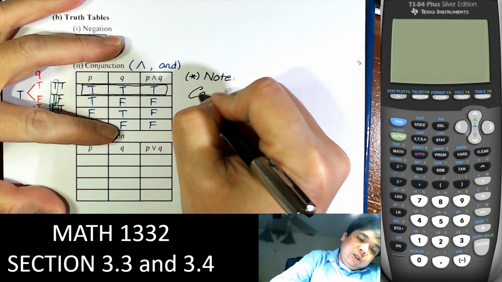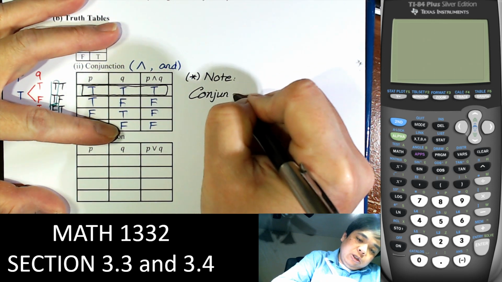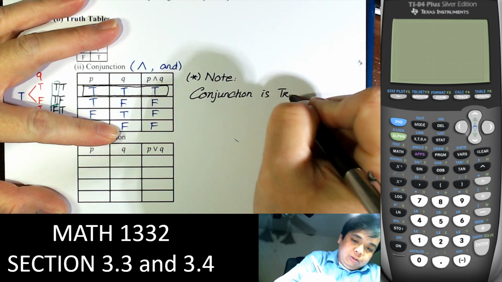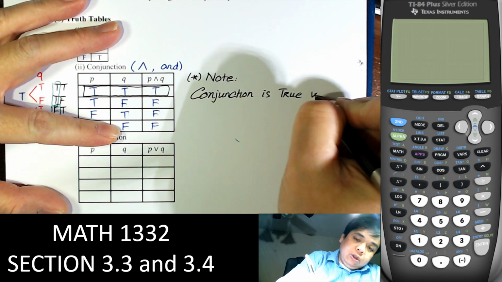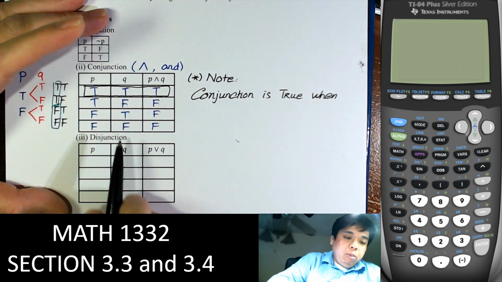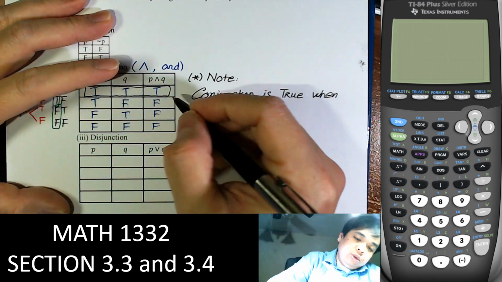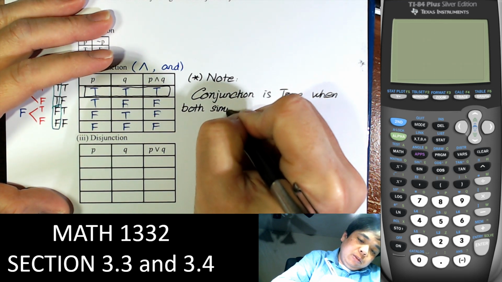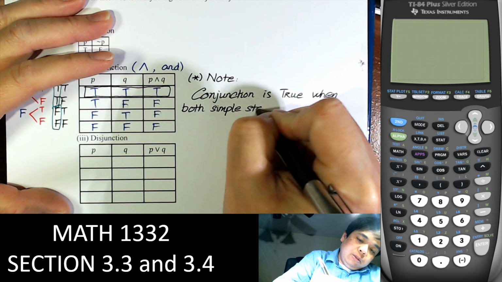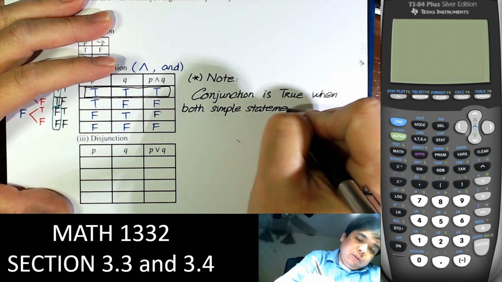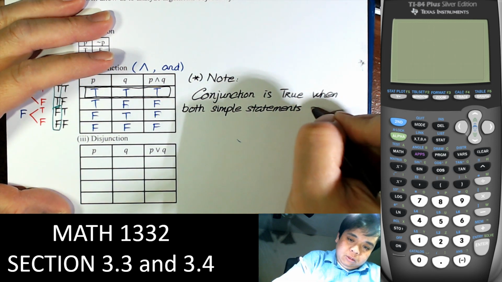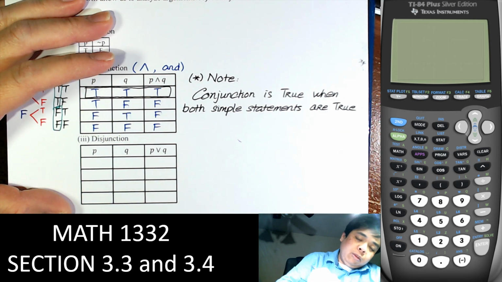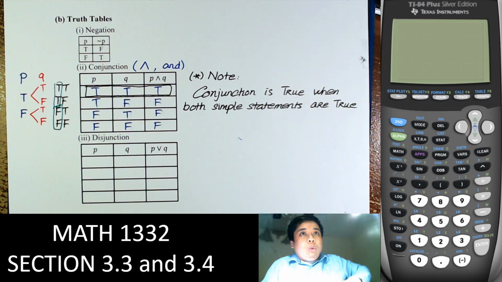Conjunction is true when both of the simple statements are true.